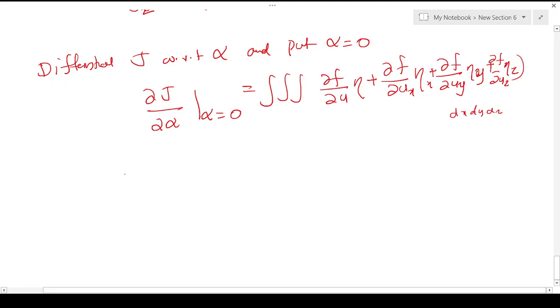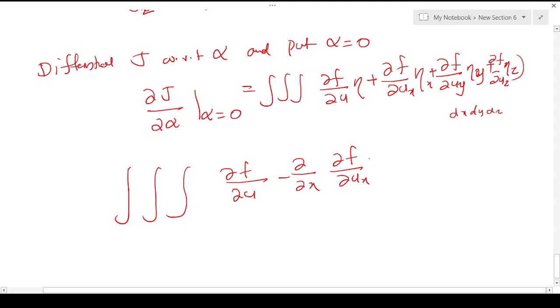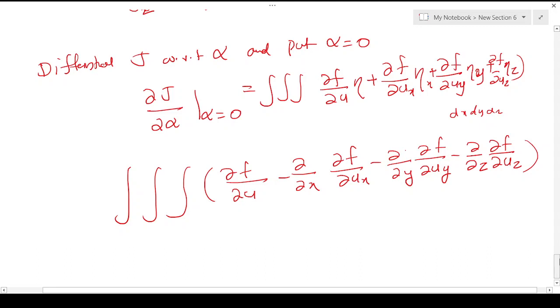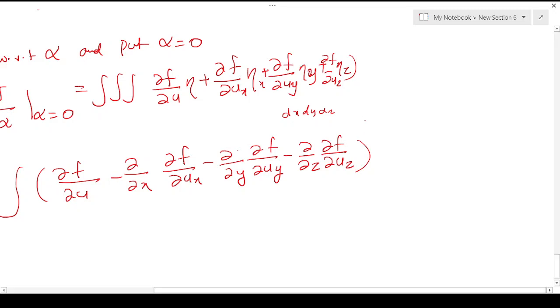The representation becomes: dou f by dou u minus dou by dou x of dou f by dou u_x minus dou by dou y of dou f by dou u_y minus dou by dou z of dou f by dou u_z, into eta of xyz dx dy dz equal to 0.